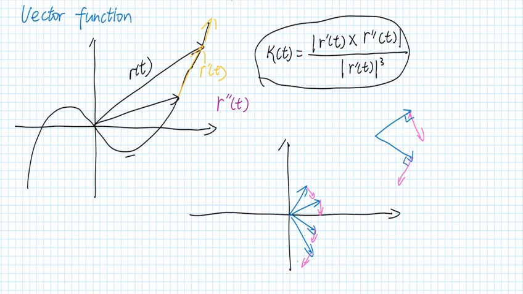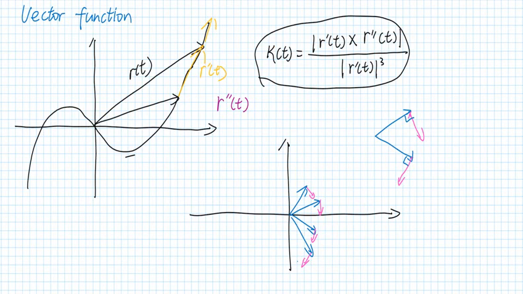However, if r''(t) isn't perpendicular to r'(t), it will not only change the length of r'(t), it will also change the direction of r'(t).